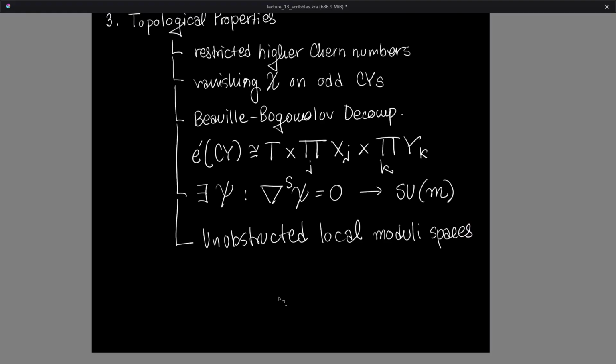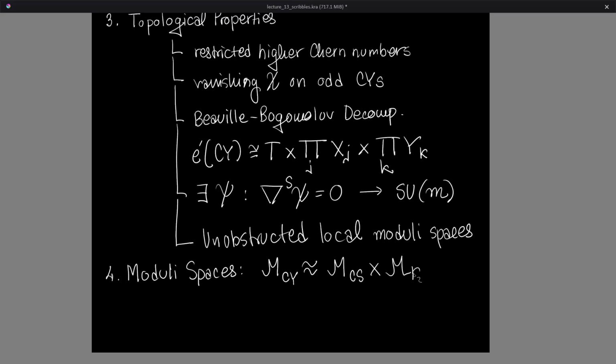So then, number 4, we looked at said moduli spaces on the Calabi-Yau itself, which looked like curly M of Calabi-Yau is approximately equal to curly M of complex structure, direct product with curly M of Kähler form.